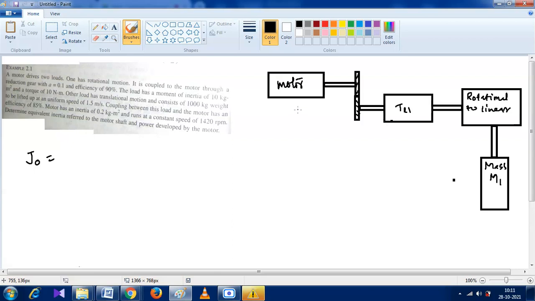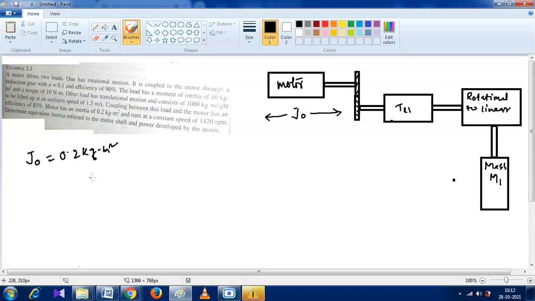Now J0 is the moment of inertia of that system. Tell me what is the value of J0? Here the J0 value is 0.2 kg meter square. And what is the value of J1? 10 kg meter square.